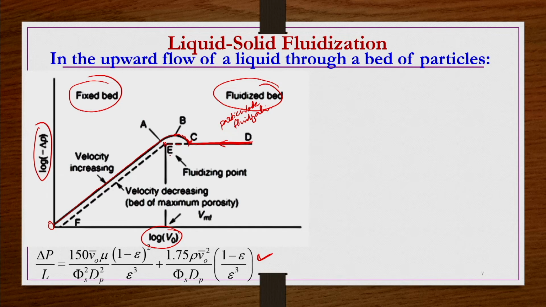Why? Because initially we had the compact packing with voidage epsilon.